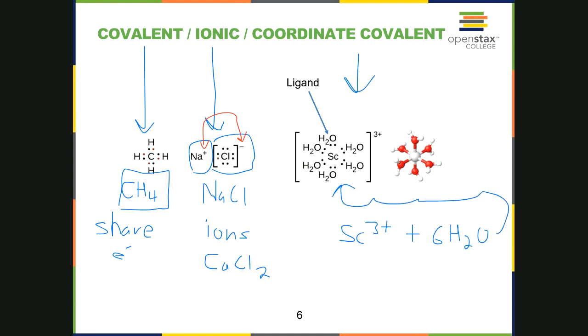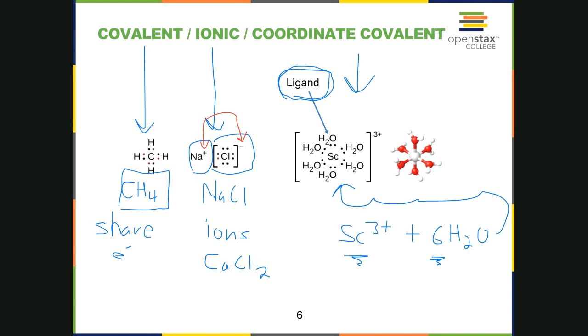The water, and we're going to be using other things like this, those are called ligands. New term you need to remember, they're called ligands. Now what's weird about this is, how do you decide that it's going to be 6 waters with 1 scandium? Why isn't it 1 water? Why isn't it 2? Why isn't it 4? Why isn't it 8? Why is it 6?